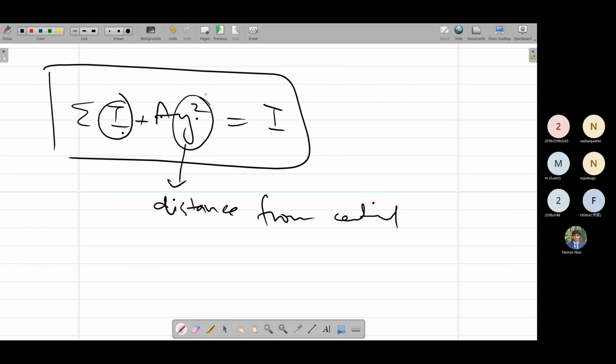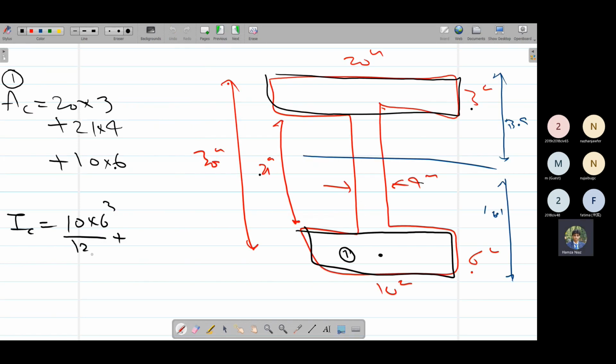So this is the individual moment of inertia of the bottom rectangle plus A, which is 10 into 6, times y square. The distance from centroid is y1, so it would be 16.1 minus 6 by 2, which is half of this depth. So 16.1 minus 6 by 2, whole square. This is for the bottom rectangle.